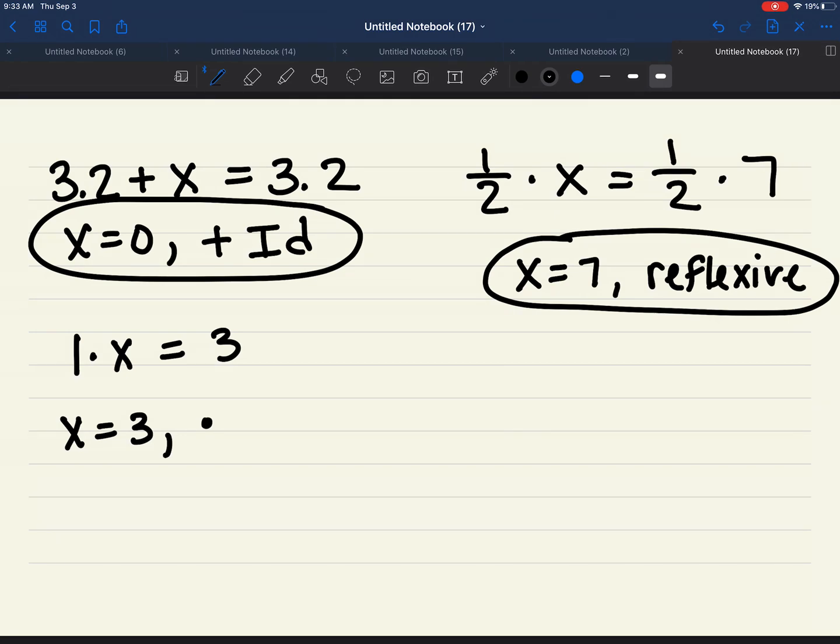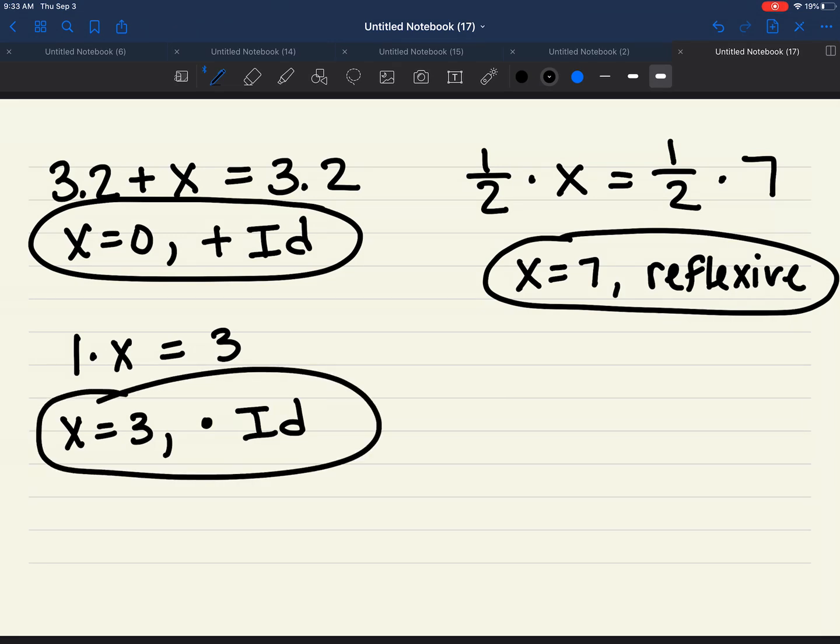Inverse. You're close. Yeah. There we go. Just remember on inverse, whether it's addition or multiplication, you're going to have something that's the opposite. Okay? Identity says it's not changing the value.